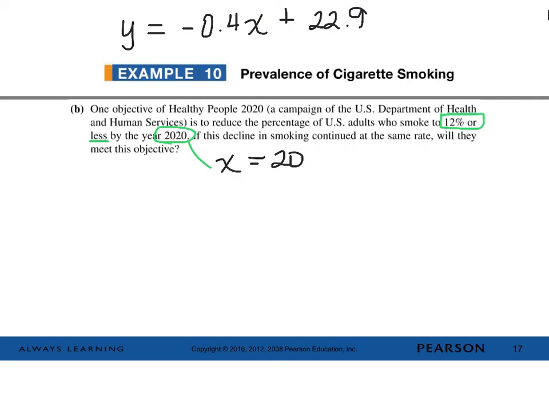So we take y is equal to negative 0.4 times 20 plus 22.9. And negative 0.4 times 20 is negative 8.